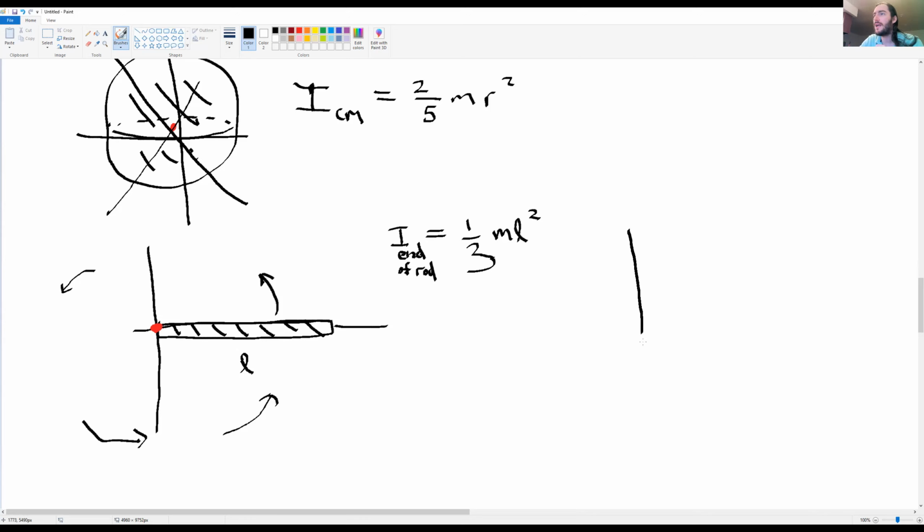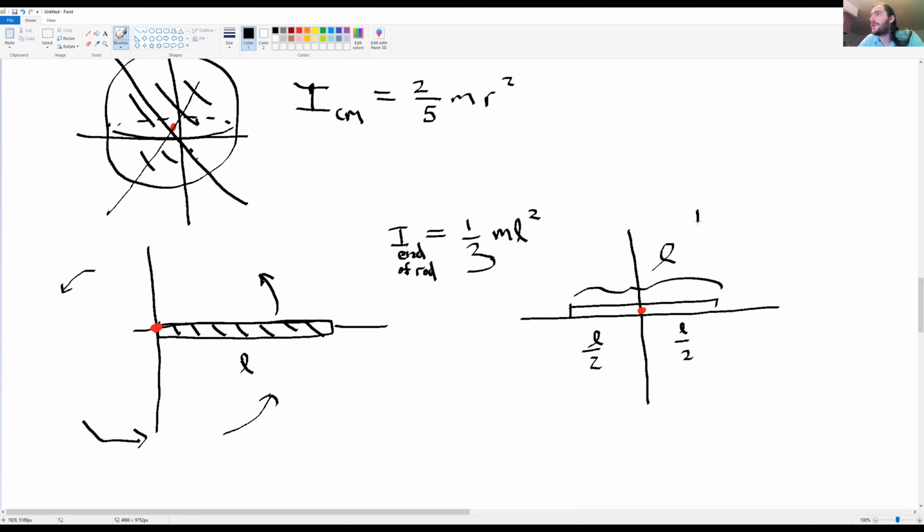How about rotating the rod about its center of mass? Now the rod is here, so this is L/2, and this is L/2, and the total length of the rod is again L. The center of mass now is smack dab in the middle of this rod, if it's a uniform rod, which everything is going to be in this class. Otherwise, we need calculus.